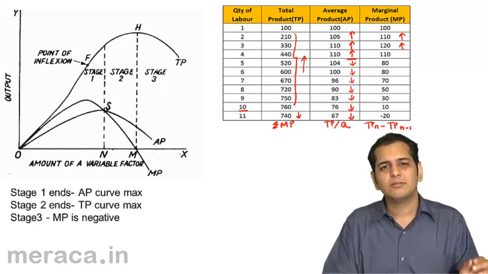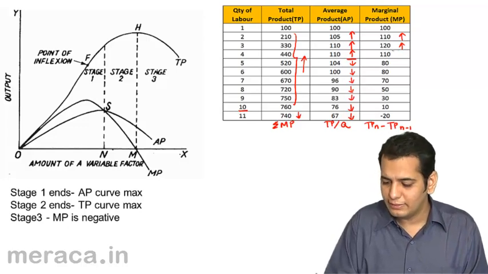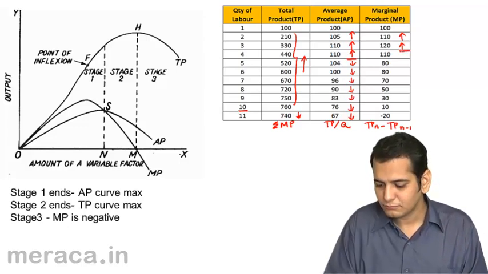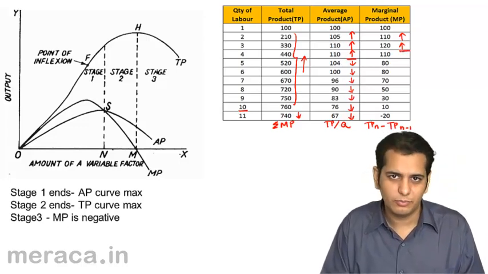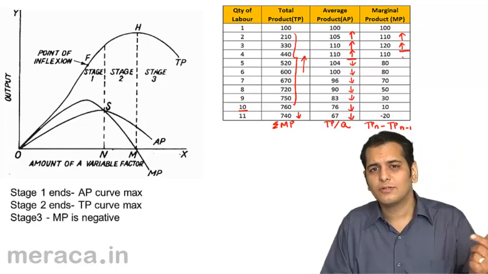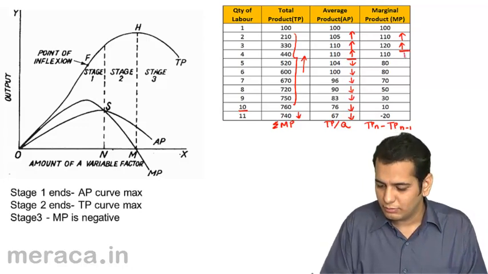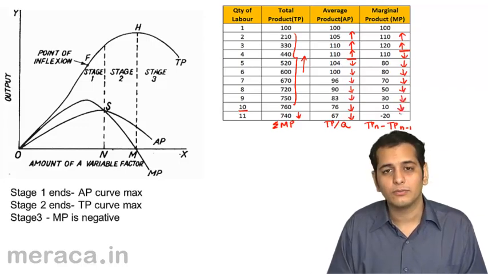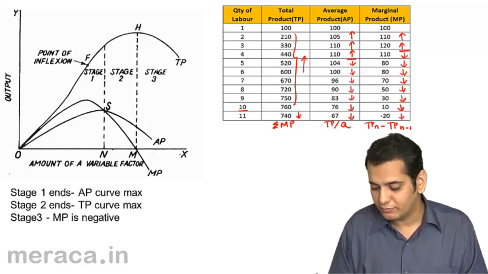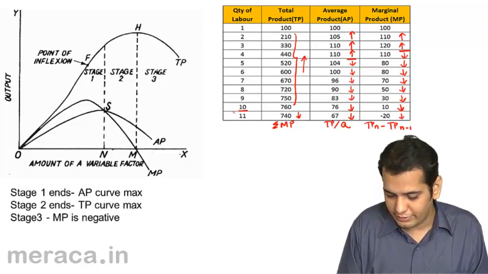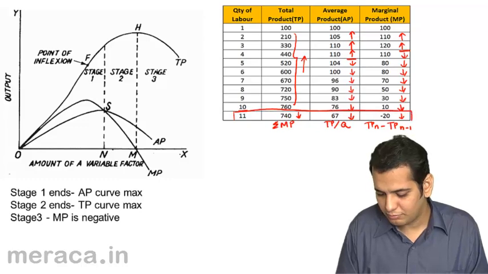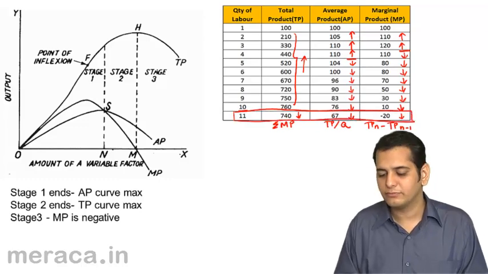However, my marginal product goes up only till the third level, wherein there are only three laborers. After the third laborer, when I increase the amount of labor, my marginal product goes down. It still is going down. And finally, it goes negative. This is the stage where marginal product is negative.